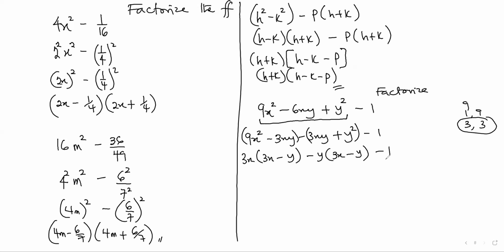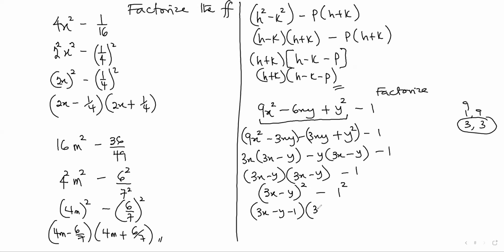So (3x minus y), (3x minus y), the brackets are the same. So in one bracket, then outside the parentheses, also in another bracket, then minus 1. But this can be written as (3x minus y) all squared. Then this 1 can be expressed as 1 squared. So now we have a difference of two squares, which is square, square, minus. And if you have a difference of two squares, we said one can be minus, and the other will be positive.